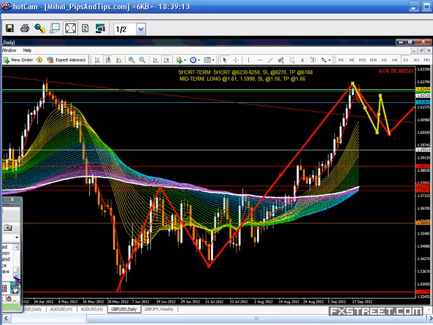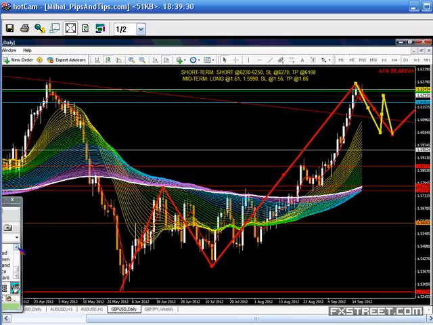Okay, we're in leg C right now. Once completed, minor wave A. But again, I think this view is pretty long term.